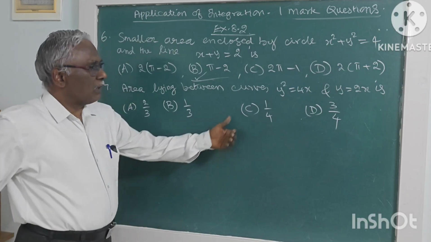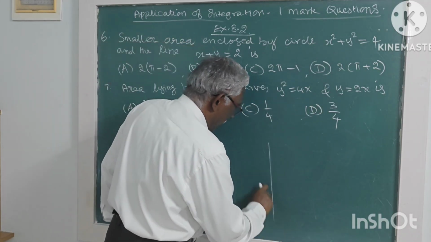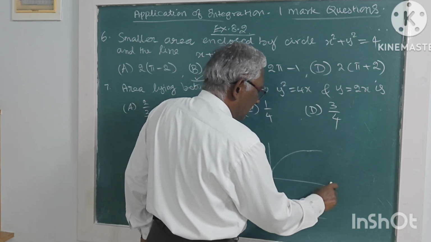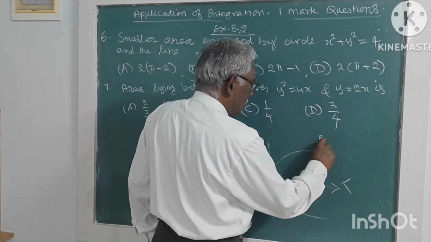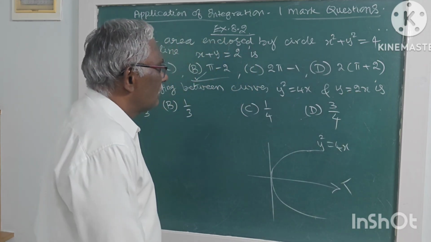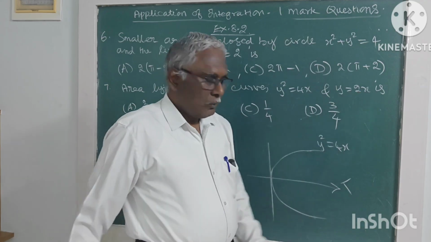Area lying between the curves y square is equal to 4x and y is equal to 2x. So y is equal to 2x means this will pass through the origin.